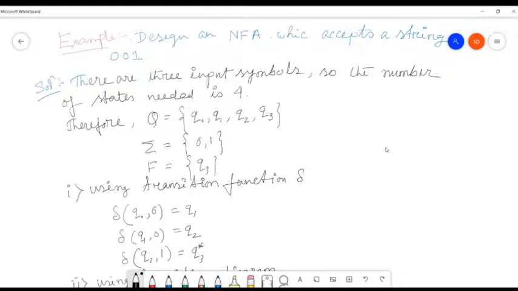Here we have to accept 3 symbols, so we need 4 states. The unique symbols are 0 and 1, and the final state will be Q3.